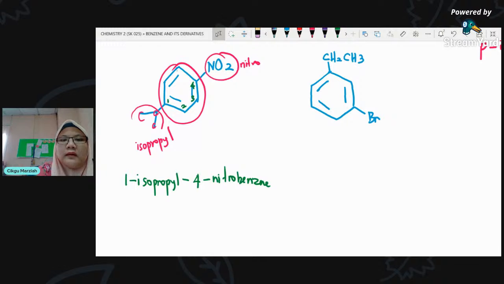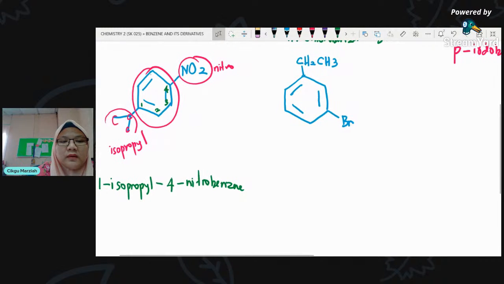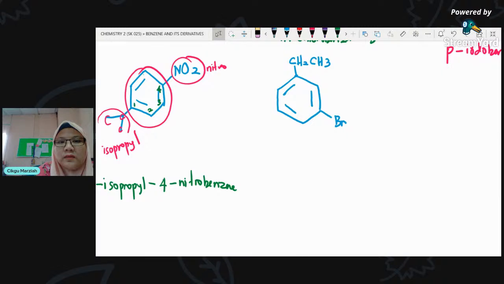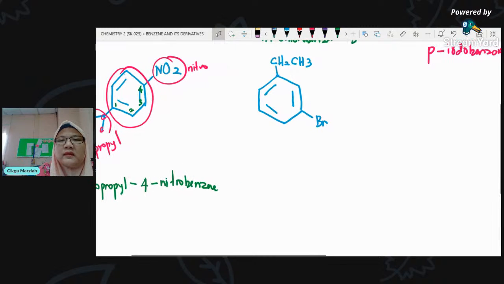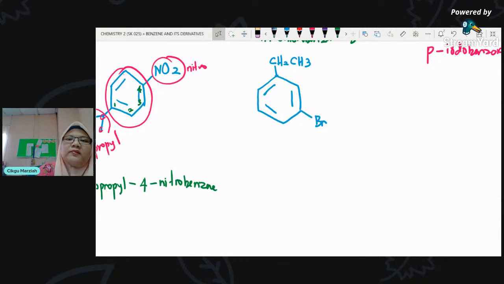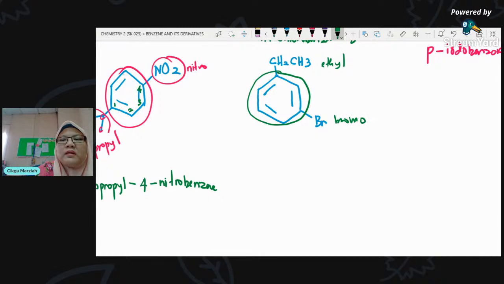Okay. Now, tengok yang kedua. Okay, dia tak ada parent. Okay, dan automatically this is the parent dah, benzene. So, this is ethyl, ethyl, this is bromo. But B is the first alphabet. So, this is number 1, number 2, number 3.